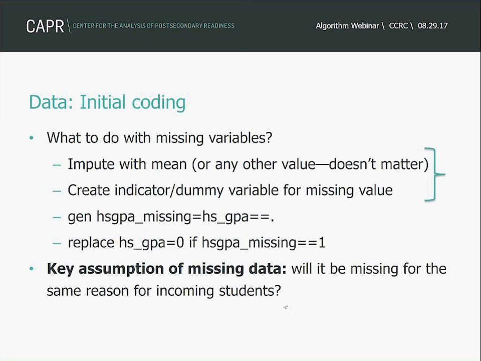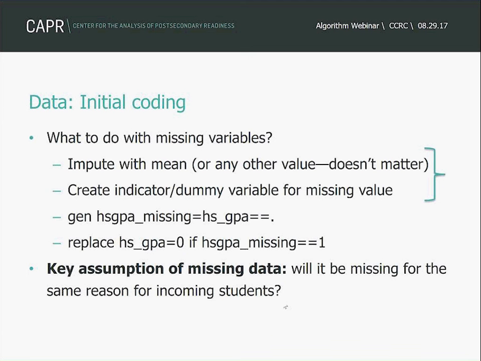What we do is we impute the missing variable with the mean, or actually what we did is impute it with zeros. That's probably going to seem weird to you, but I'm going to explain why it's actually not so strange. We create an indicator for that variable having a missing value.